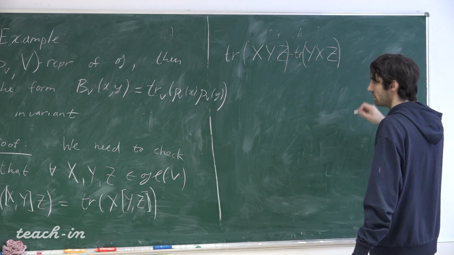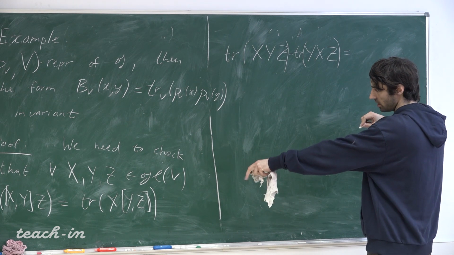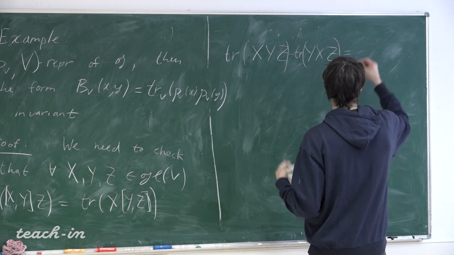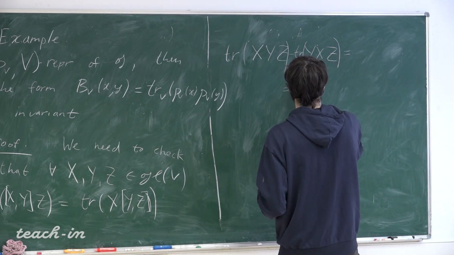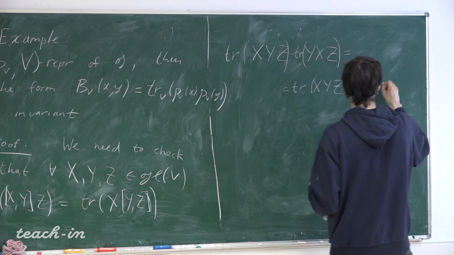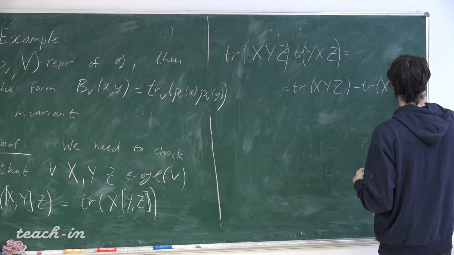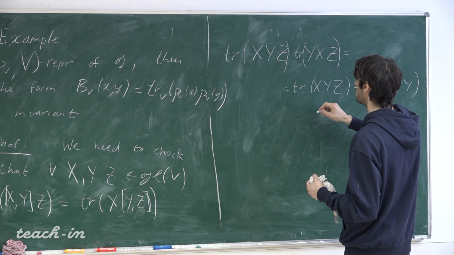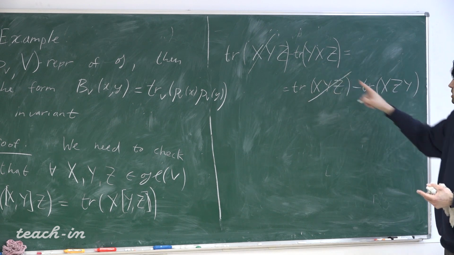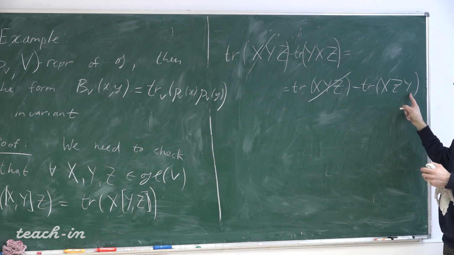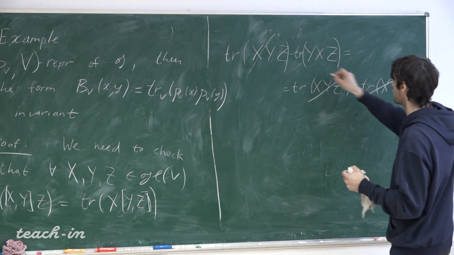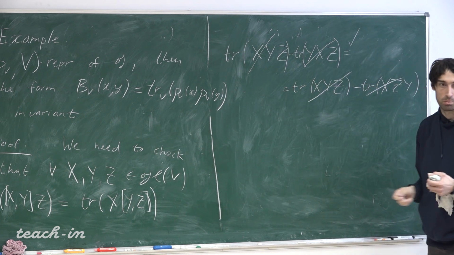The left-hand side equals, and on the right-hand side, again, this thing is XYZ minus XZY, and again, trace is linear, so I have trace XYZ minus trace XZY. So what cancels with what? This cancels with this, and this cancels with this because trace is cyclic. So I can move Y to the other side. So this cancels with this, and we proved it.